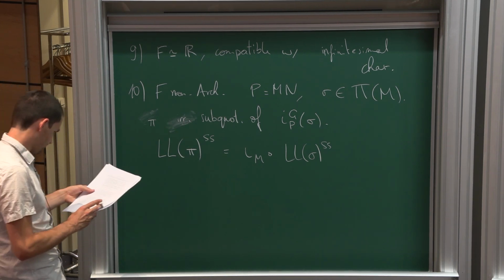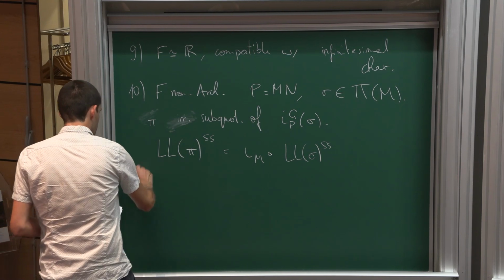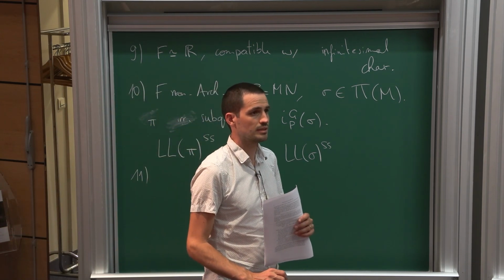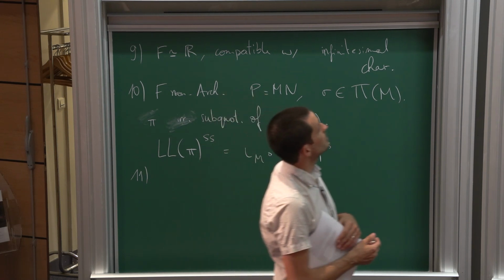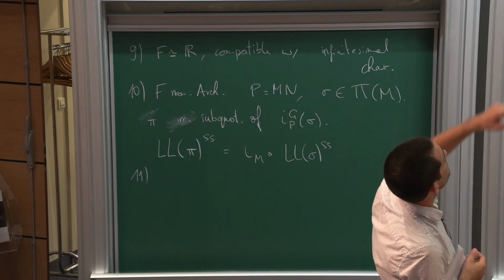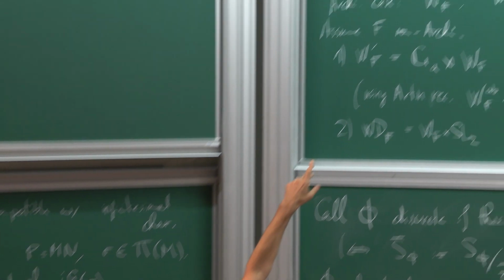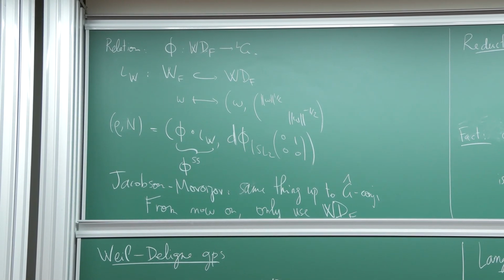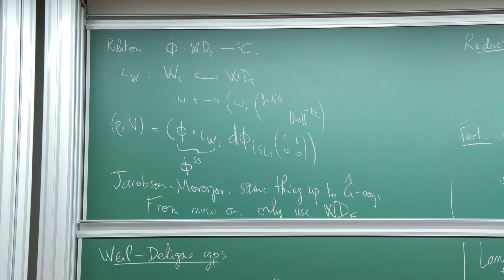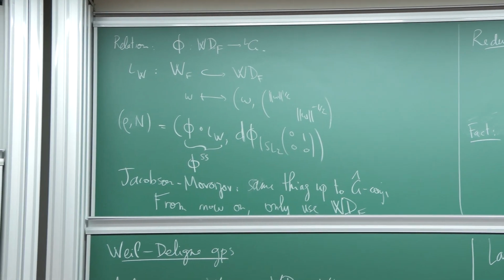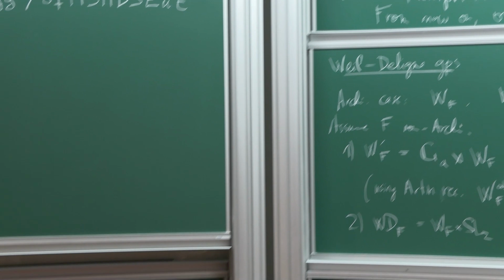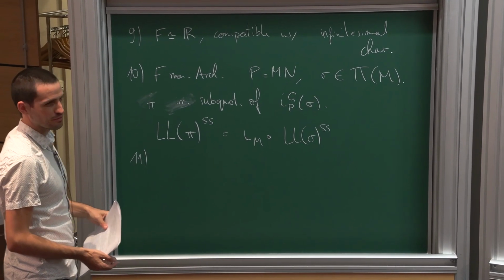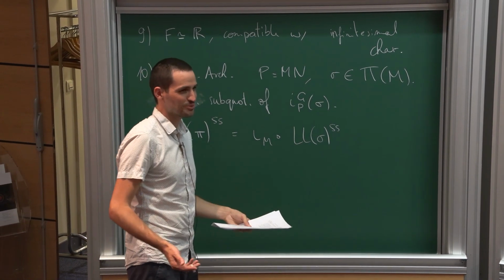Semi-simplification means just restricting to the Weil group. It's what is up there. So you just compose with this iota W. Sorry, I used the same notation on the side of representations for the usual semi-simplification.